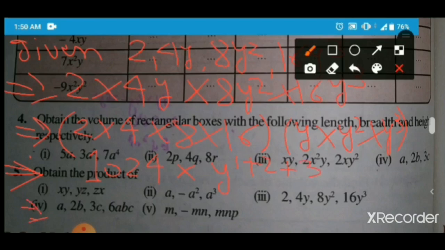It shows that it is 1024 and y raised to the power 1 plus 2 is 3, 3 plus 3 is 6. This is the solution of part number 3rd of question 5.